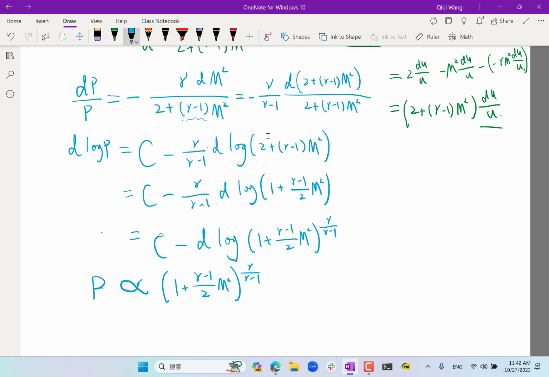So for example, this quantity inside is always greater than 1. If the Mach number is such that this guy is equal to 2, then by decelerating the fluid to 0 velocity, the pressure would increase by a factor of 2. Sorry, I'm missing a minus sign.